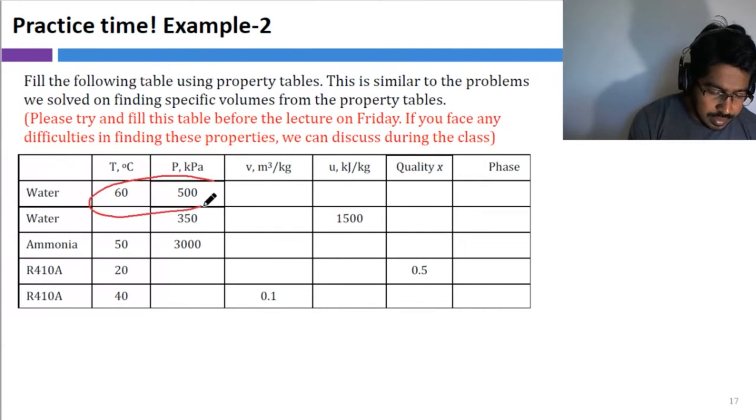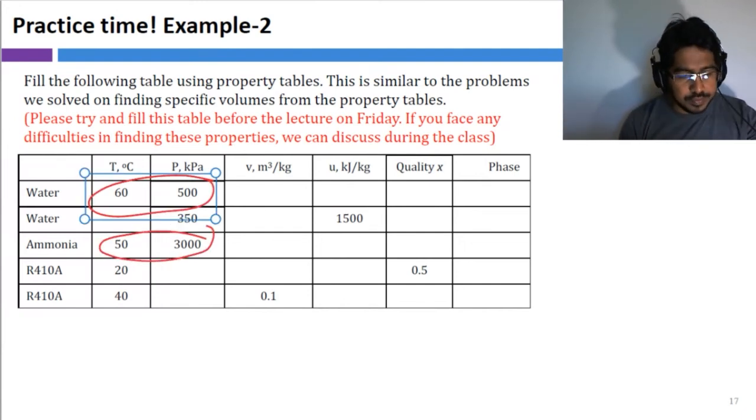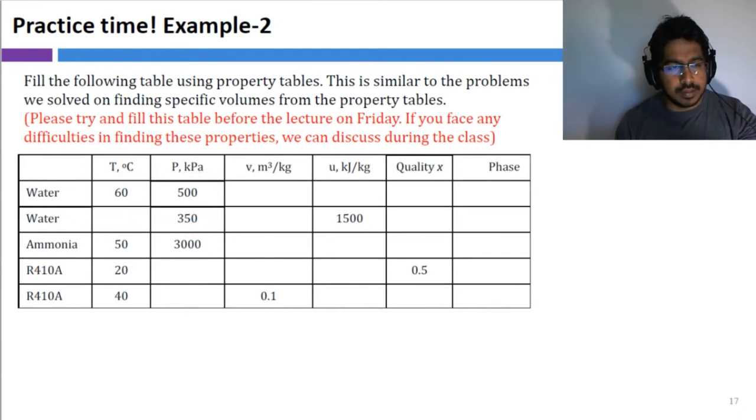This one we solved is the same as solving this one, because we have temperature and pressure, and determining the phase doesn't have anything to do with the substance. We just have to pick the correct tables for the given substance. That's the only thing we have to be careful about when the substance changes, right?